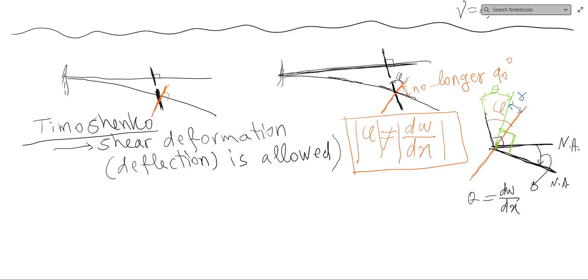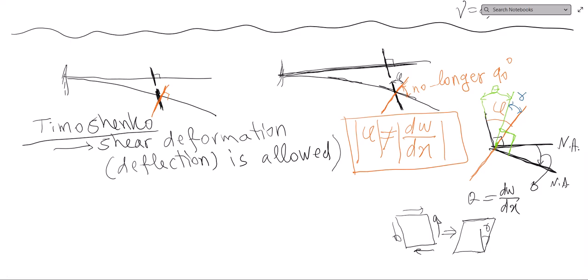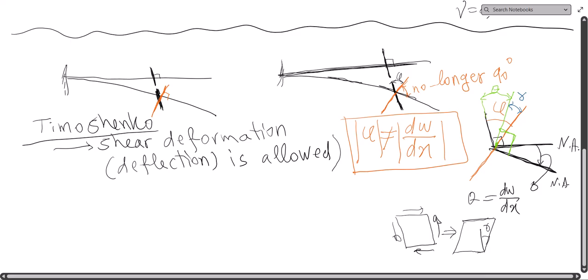If you recall, if you have shear, let's pick up a very quick element here. If you have shear, this will deform to something like this due to shear, right? And this angle is gamma. This is what we are talking about. So we allow the beam to go through deformation due to shear. That is what is happening in the Timoshenko beam.